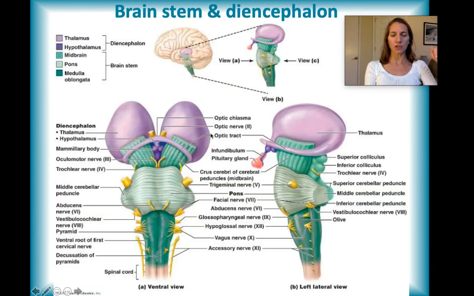So to get a better view at the three components of the brainstem, I love this graphic. So the purple is showing the diencephalon, which we visited in the last video. So the thalamus, they almost look like Mickey Mouse ears here, and then the hypothalamus is shown.